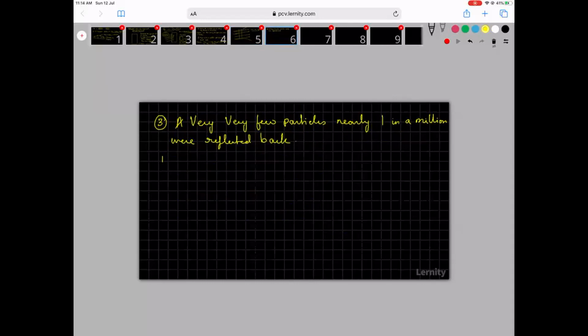Now, what is the inference that you can draw? That the positively charged center is extremely small.